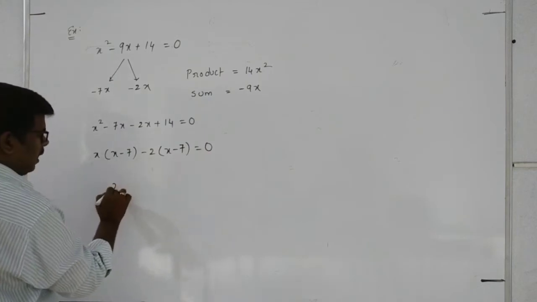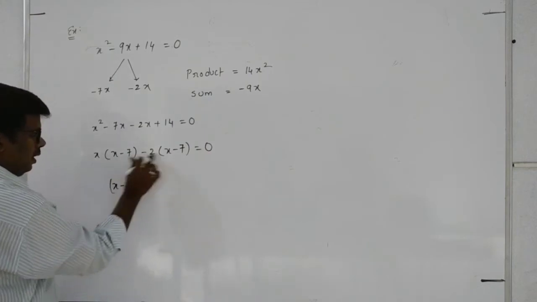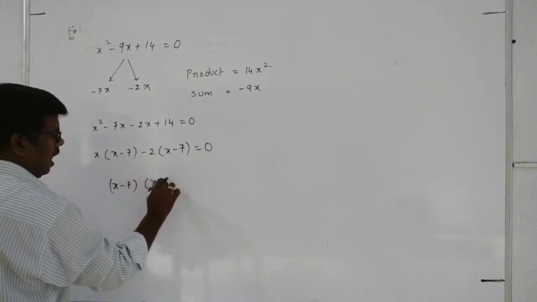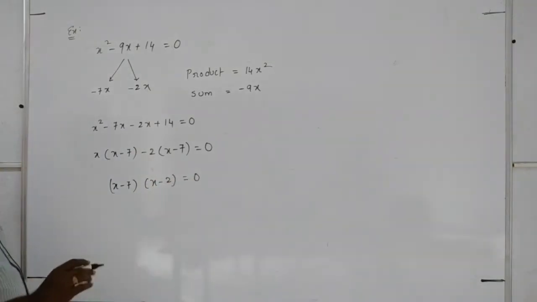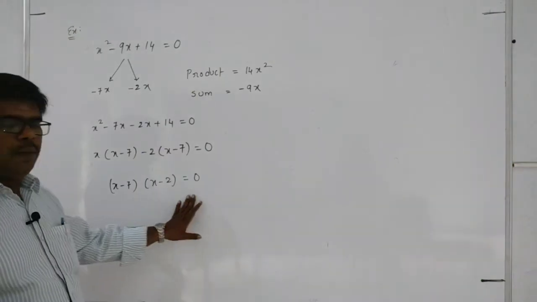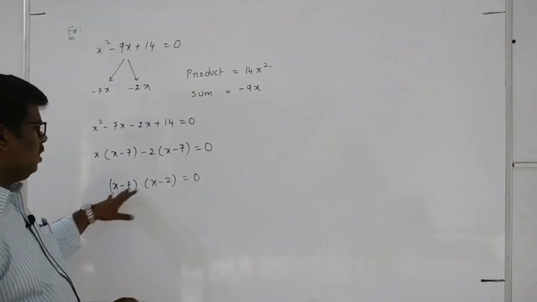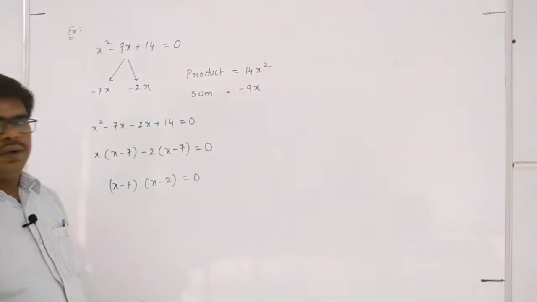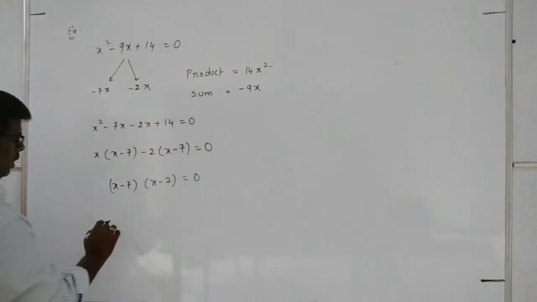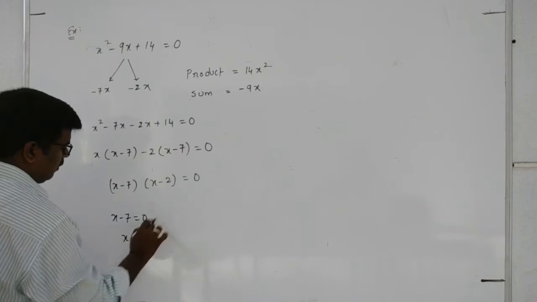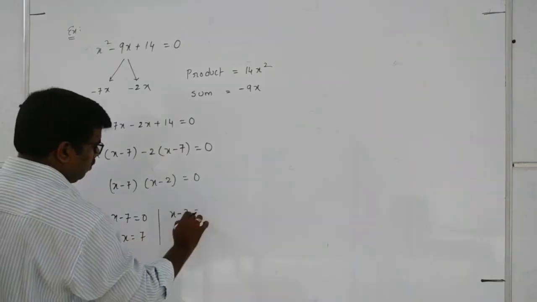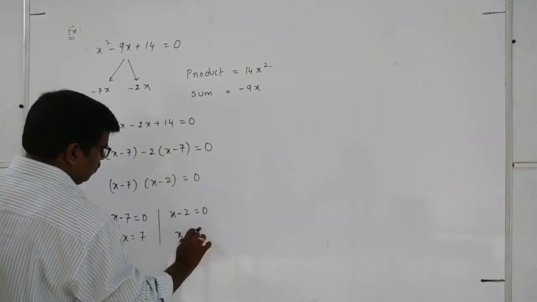Then if you take x minus 7 common from these two, we have x minus 2 equal to 0. If the product of these two is equal to 0, then either x minus 7 equal to 0 or x minus 2 equal to 0. Then x minus 7 equal to 0 gives x equals 7, as well as x minus 2 equal to 0 gives x equals 2.